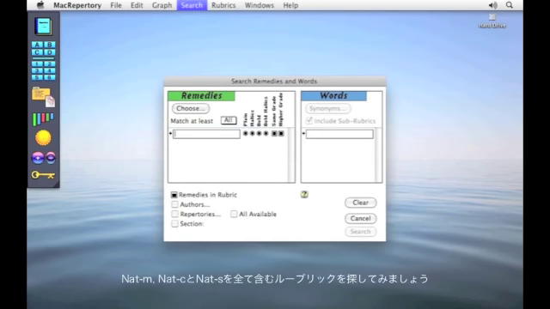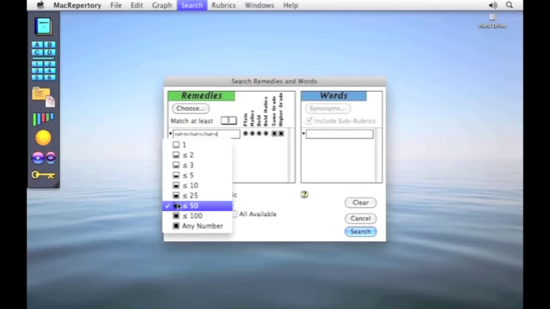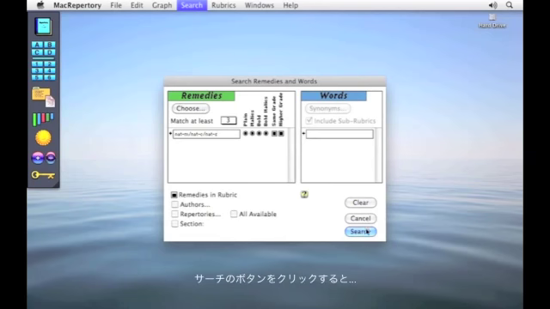In this case, let's find all the rubrics that include natrum mur, natrum carb, and natrum sulf. So we say that all three should be found in the rubric. And let's not include rubrics that are huge, just ones that have 50 or fewer remedies in them. So then we say search.